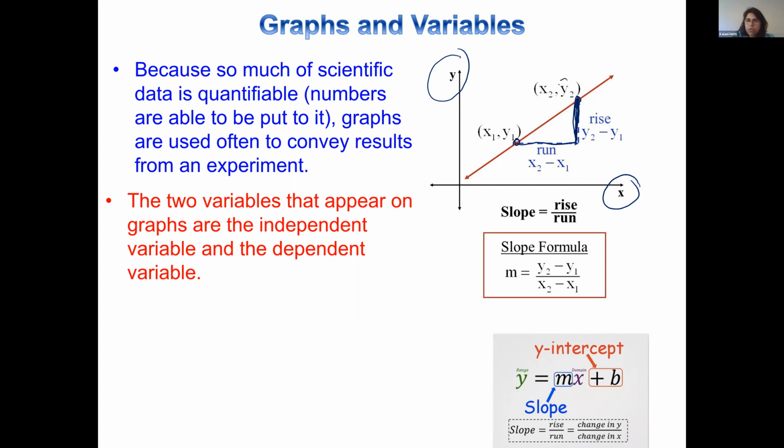That means you're going to use your y coordinate. Your final y minus initial y, y2 minus y1, will be your rise, right? Now the run works with the x coordinate. You're going to take x2 minus x1. That means this distance will be the run. So then you can calculate the slope, right?